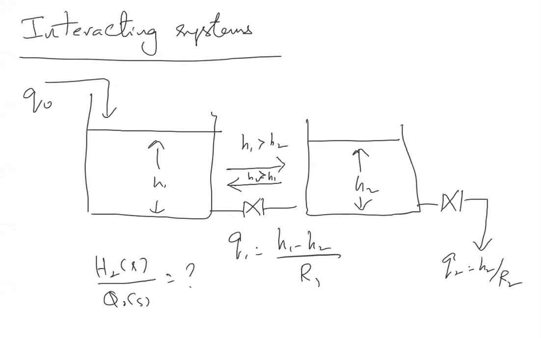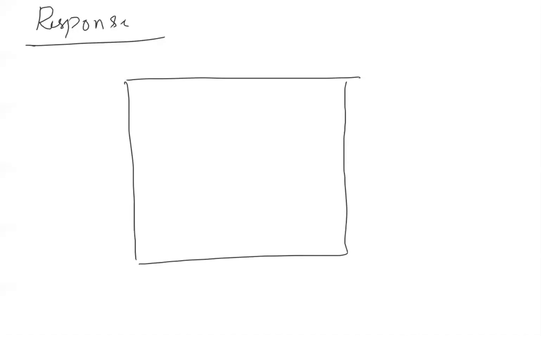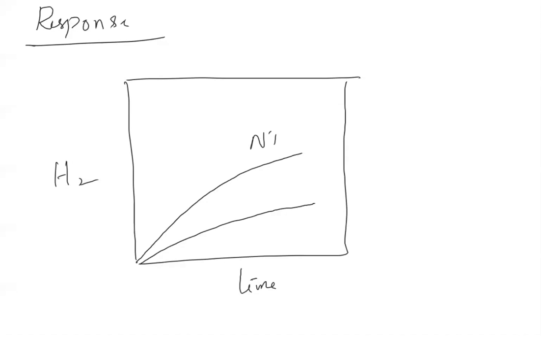Yeah, I'm coming there. Now, responses. If you see the response of, let's say, interacting and non-interacting, if you compare H2 with respect to time, this is how non-interacting looks, this is how interacting looks.